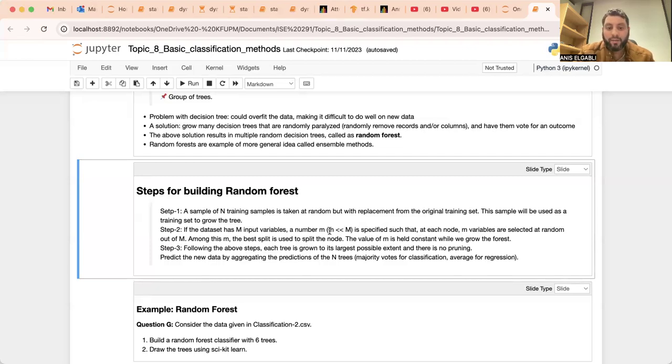We don't include all the features. We choose m small such that m small is much less than M capital, where m small is the number of features chosen for a certain tree, and M capital is the total number of features. So we are randomly sampling samples as well as features, and we build different trees. Then we train all of these trees.